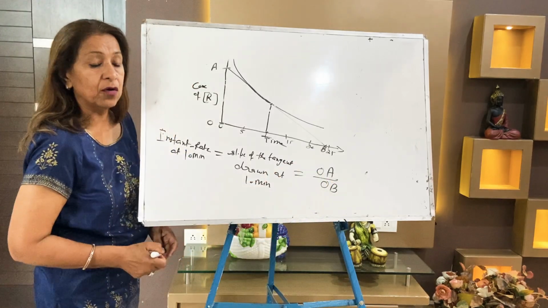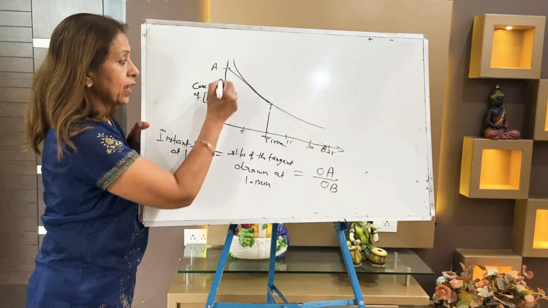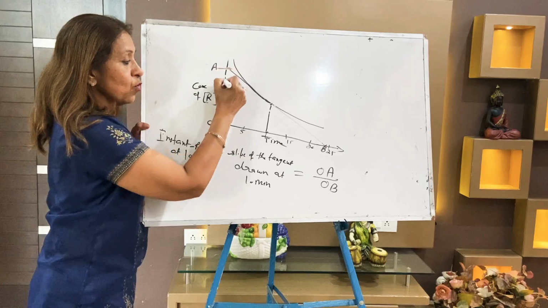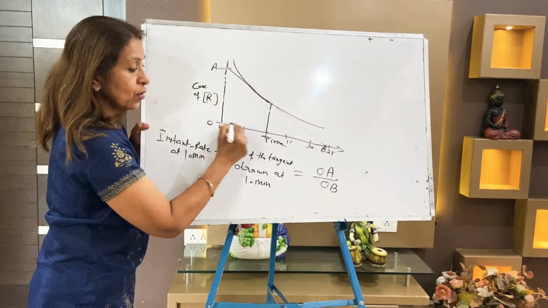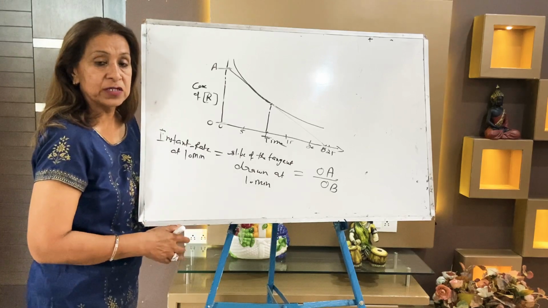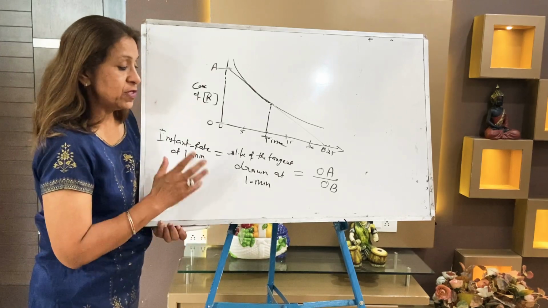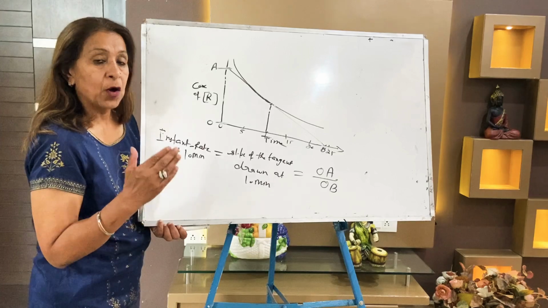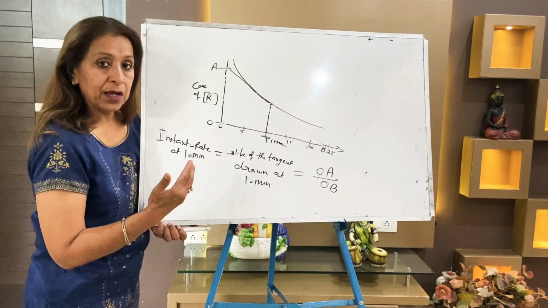I think it's okay now. So tan theta is OA by OB. So this is the way you can calculate tan theta, that is the slope of the tangent. This is the instantaneous rate of the reactant, OA by OB.